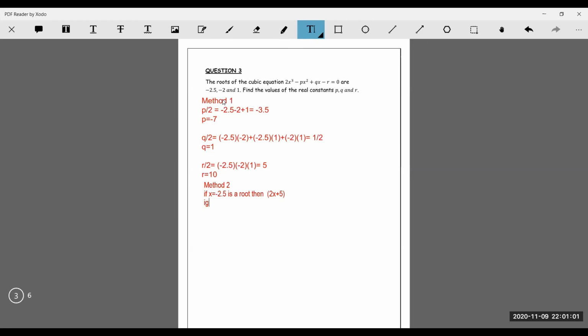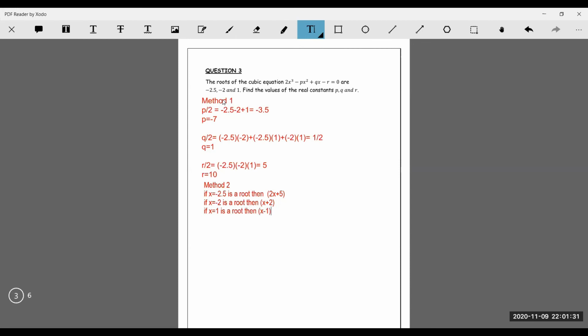And then if x equals negative 2 is a root, then x plus 2 is a factor. And finally, they're telling us that x equals 1 is a root. So if x equals 1 is a root, then x minus 1 is a factor.